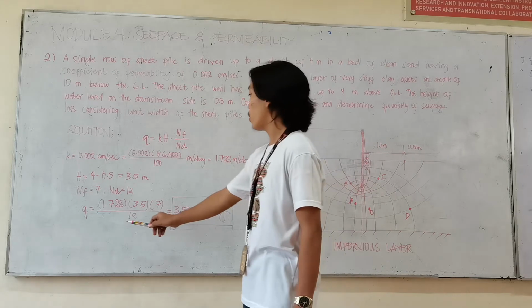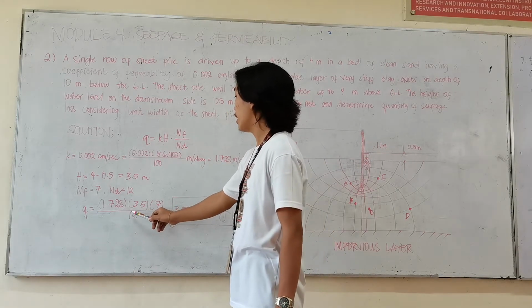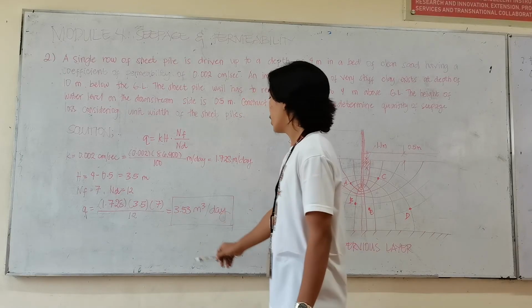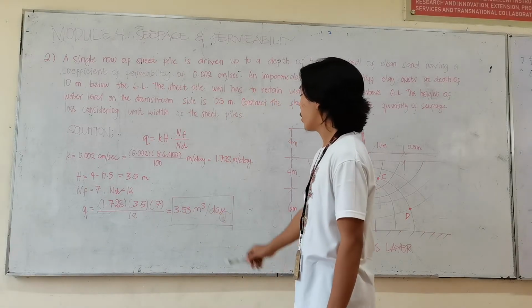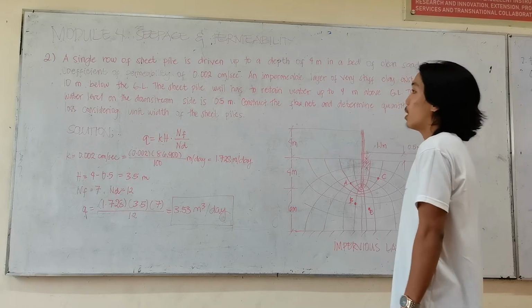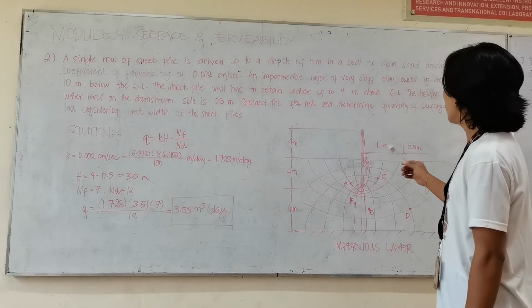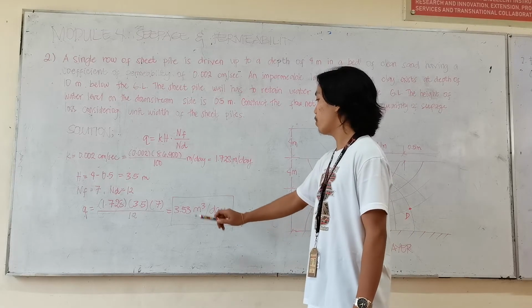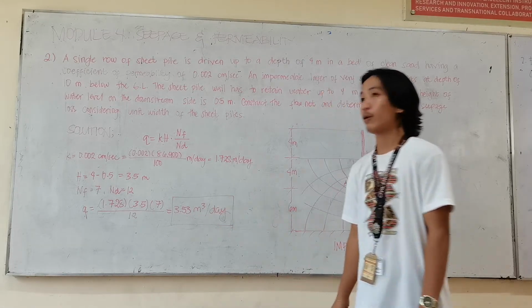Quantity of seepage loss is equal to 1.728 multiplied by 3.5 times 7 all over 12, which yields 3.53 cubic meter per day. So that solves our problem. The quantity of seepage loss considering the unit width of the sheet pile would be 3.53 cubic meter per day. That's all.